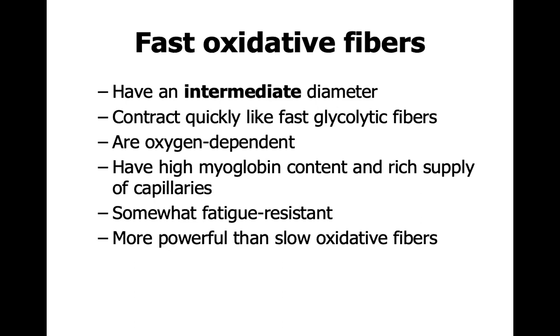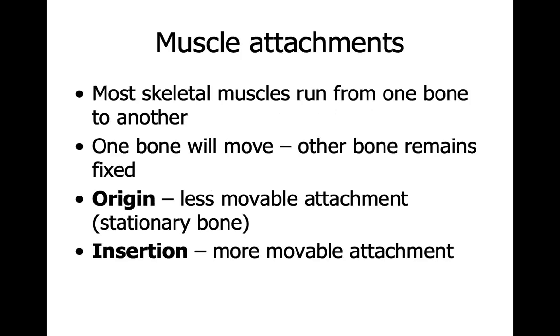They have high levels of myoglobin because they're oxidative, right? And they also have a rich supply of capillaries to get that oxygen in the first place. Because of the easy access to high levels of ATP, they are relatively fatigue resistant, even though they are fast. And they are identified as the more powerful type of muscle when compared to slow oxidative fibers.